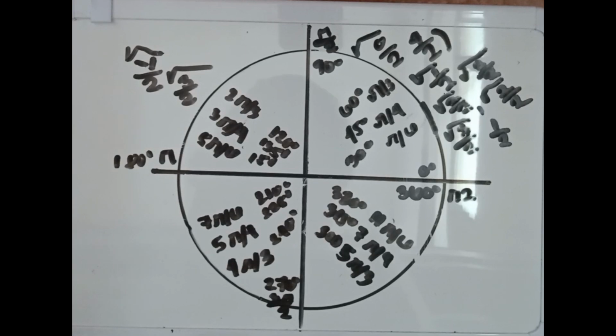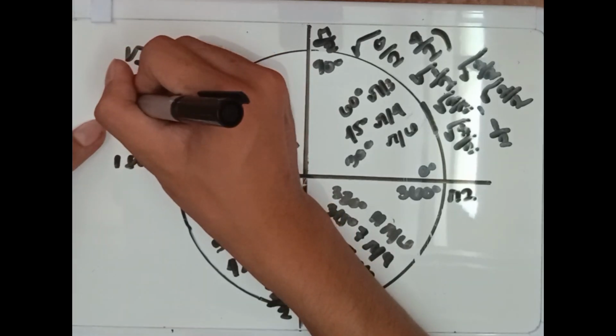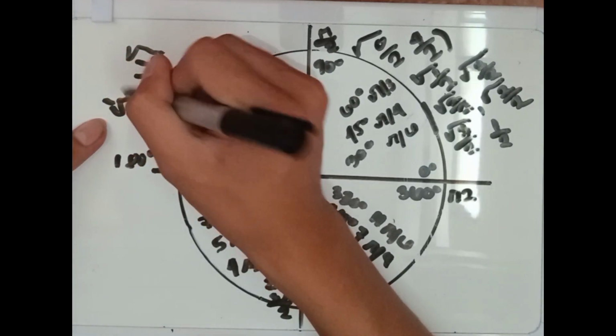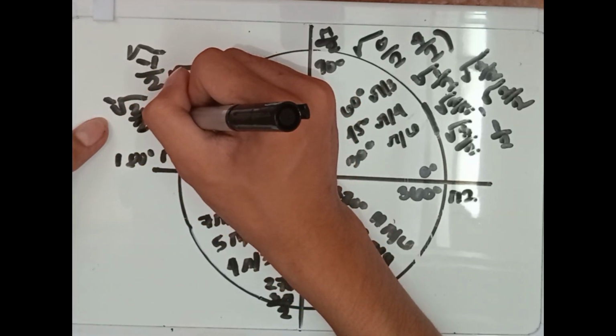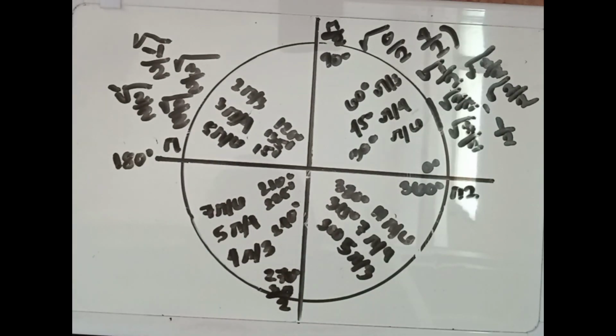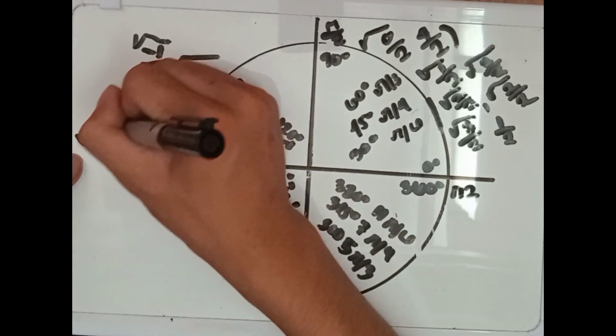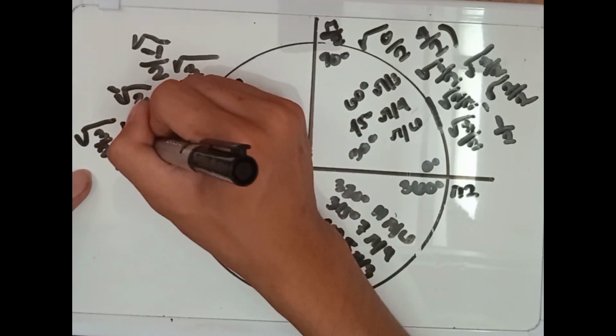The coordinates of 3 pi over 4, 135 degrees, are negative square root of 2 over 2 and square root of 2 over 2. The coordinates of 5 pi over 6, 150 degrees, are square root of 3 over 2 and 1 over 2.